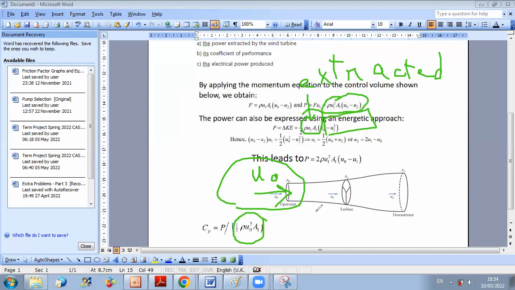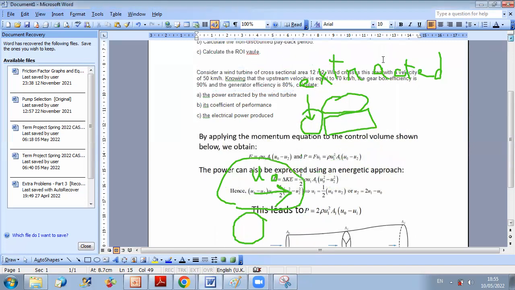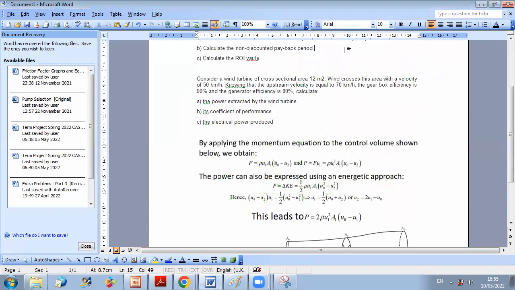In this problem, they gave you everything needed to calculate your unknowns. If you go back to the given, they gave you first the cross-sectional area of the wind turbine. This represents A1.